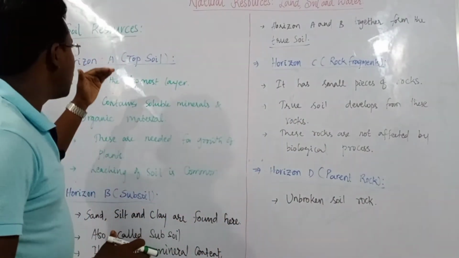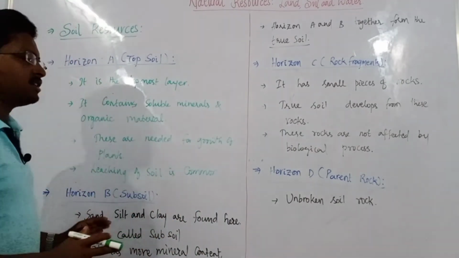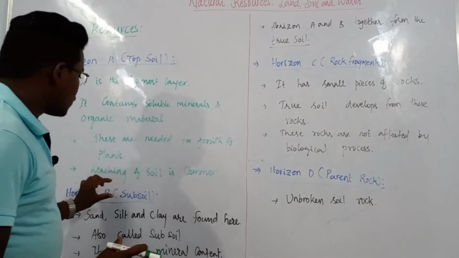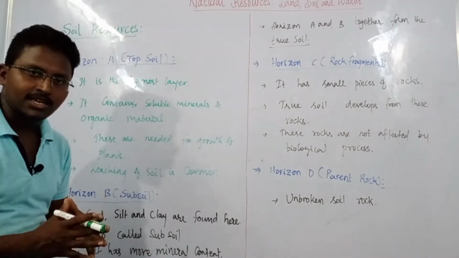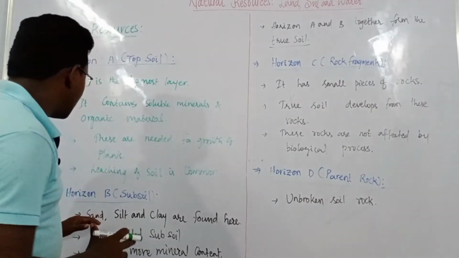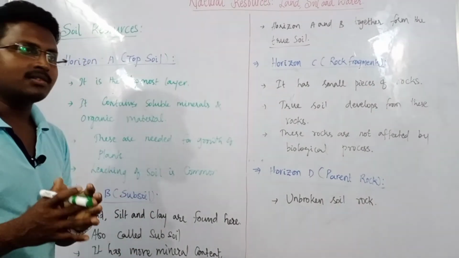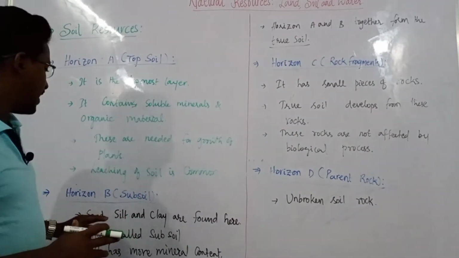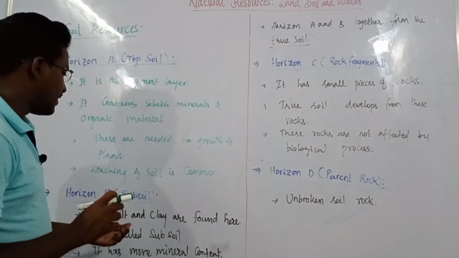Then just below the top soil, just below horizon A, you can find horizon B, which we may also call the subsoil. It contains sand, silt as well as clay. Sand and silt are something like a mud kind of thing, as well as clay.